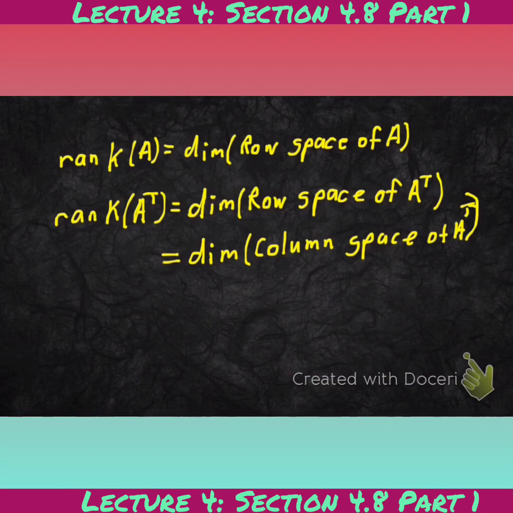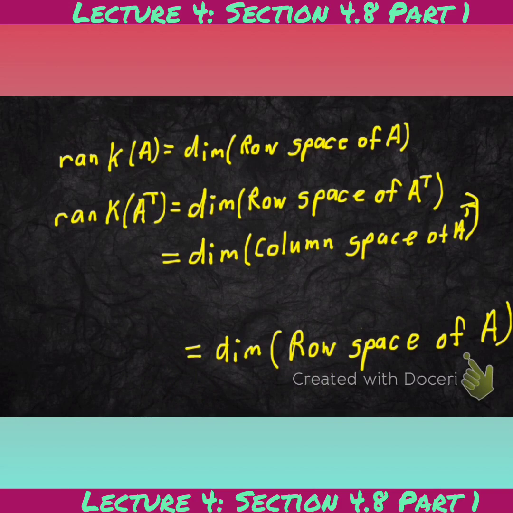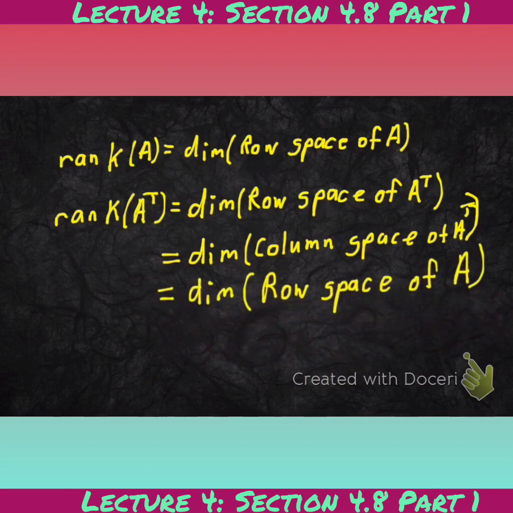The columns of A's transpose happen to be the rows of the matrix A. So the dimension of the column space of A's transpose is the same as the dimension of the row space of A, because the space spanned by the columns of A's transpose is exactly the same as the space spanned by the rows of A. And so the dimensions of those two things are the same.